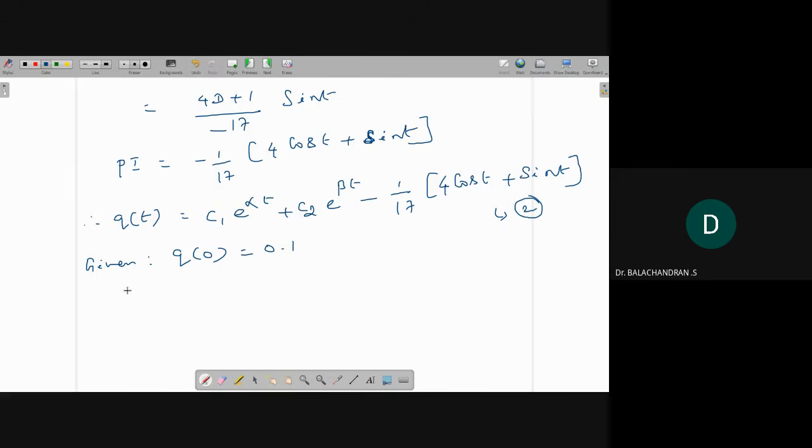Apply it: 0.1 equal to C1 into e power 0 plus C2, minus 1 by 17 into 4 plus 0. So C1 plus C2 equal to 0.1 plus 4 by 17.